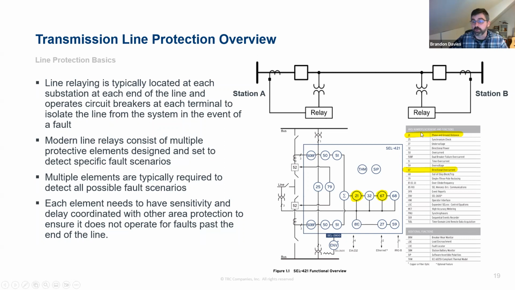So though there is a lot of stuff in here, usually we turn most of it off and we only pick the things that we need to provide a very simple design. Each element does need to be configured independently. So we got to take a look at fault analysis and calculations and philosophies from the utility customers that we're working with to determine how we configure those relays to cover all those different fault scenarios. And look at how that coordinates with other equipment protection beyond the end of the line.